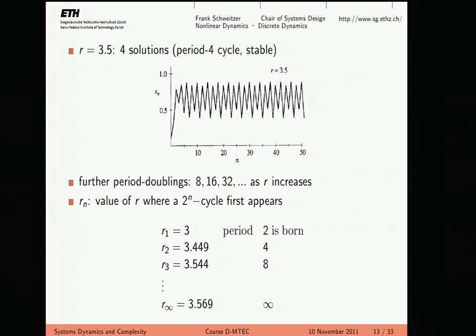At 3, we have a period of 2. At 3.449, a period of 4, then 8, and so on and so forth. And this is interesting. At r value 3.569, infinite period. What does that mean?